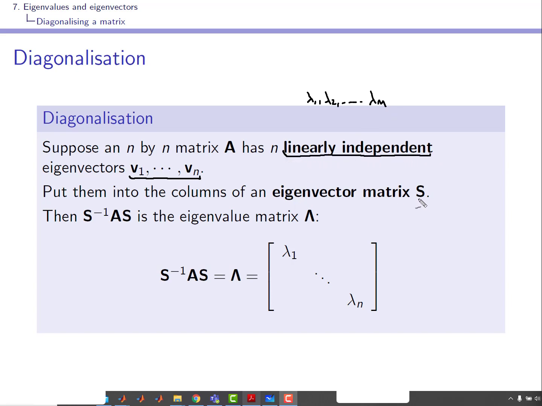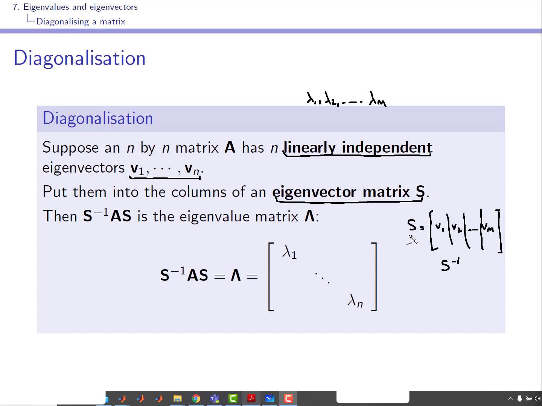Then you can construct an eigenvector matrix S by simply stacking the eigenvectors one next to the other. Okay, so this leads to this matrix over here. And since the eigenvectors are linearly independent, well, S inverse is defined. So S is a regular matrix.